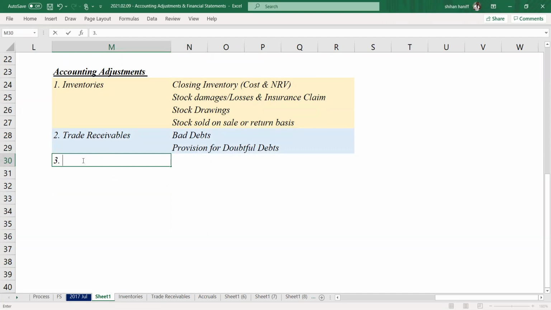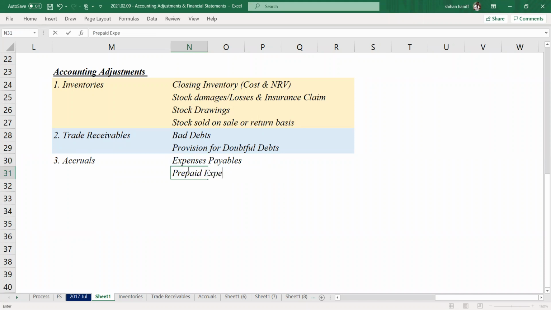Number three, adjustments related to accruals. I want you all to write this down. Under accruals, we have income related and expenses related. When it comes to expenses, there is expenses payable and prepaid expenses.